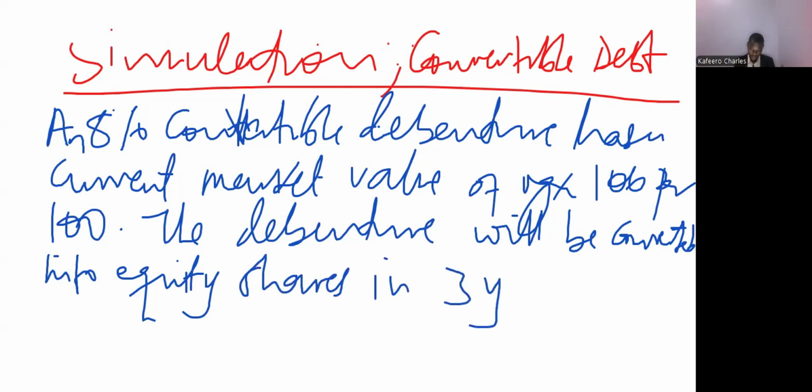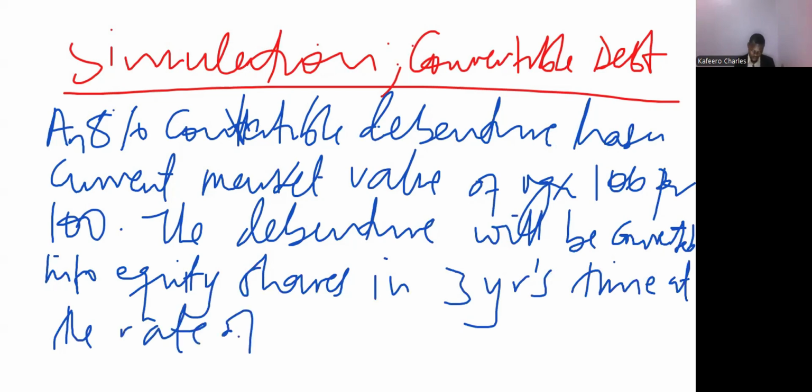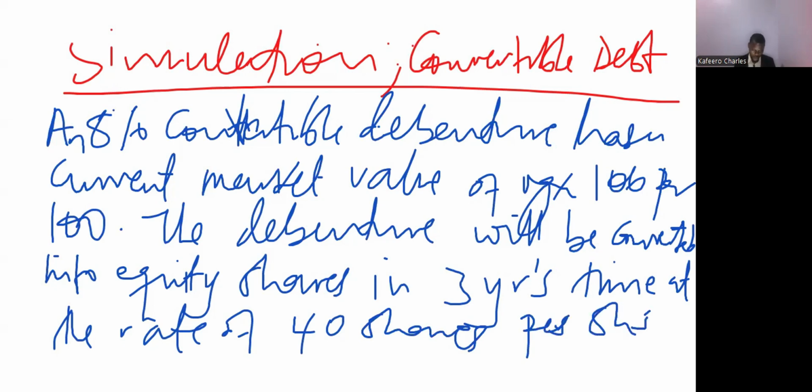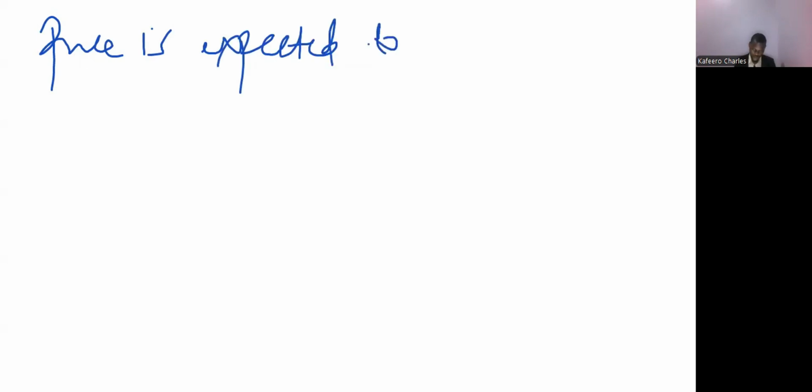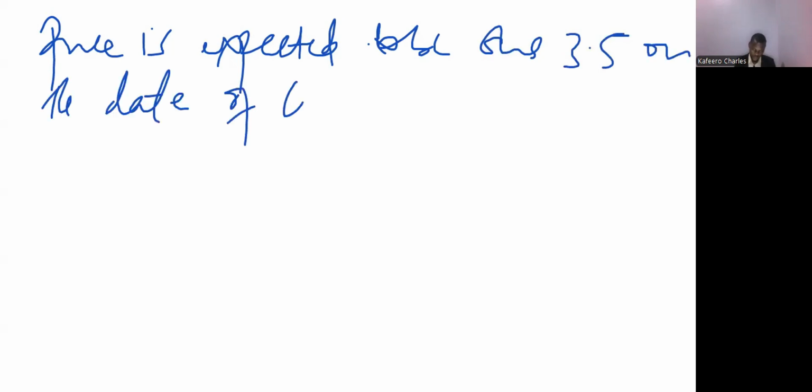in 3 years' time, at the rate of 40 shares per shillings 100 of debentures. They are continuing that the market price is expected to be shillings 3.5 on the date of conversion.